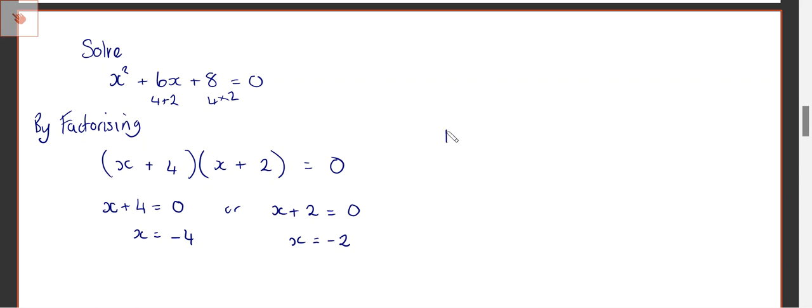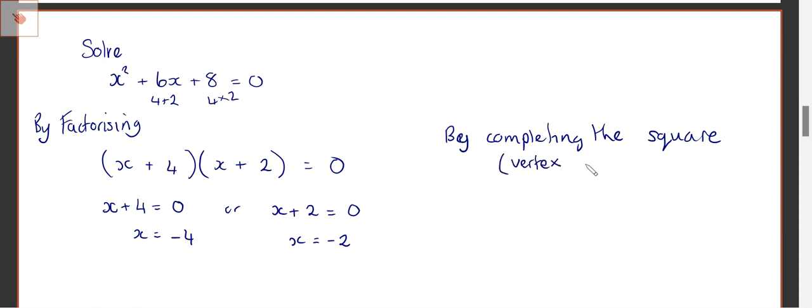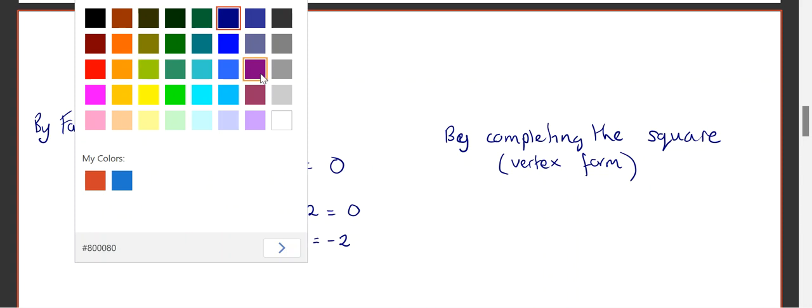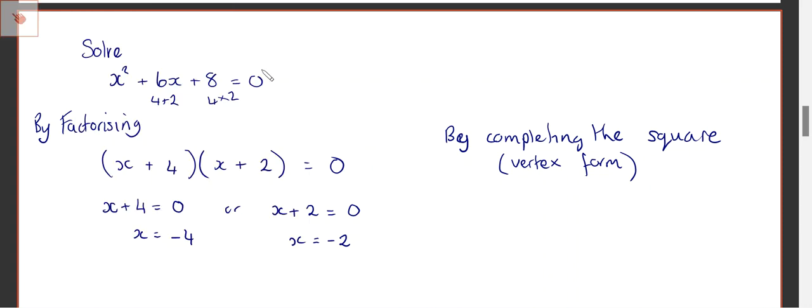Let's do it by completing the square. Okay. So what do we do first then? Yeah. Do vertex form. Anyone want to talk me through it in vertex form?